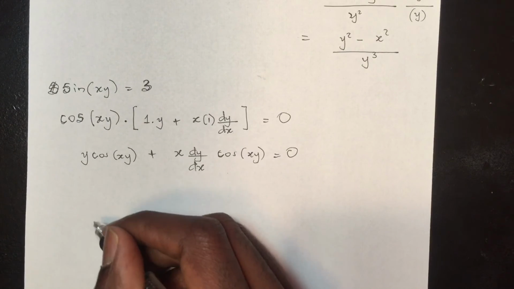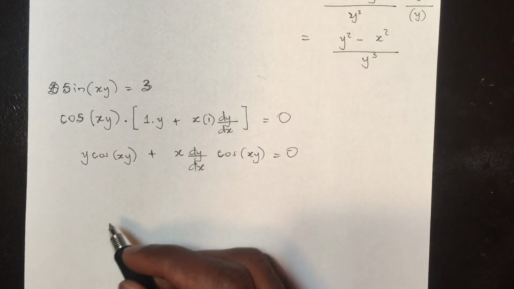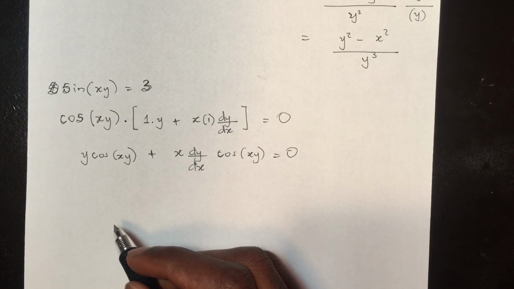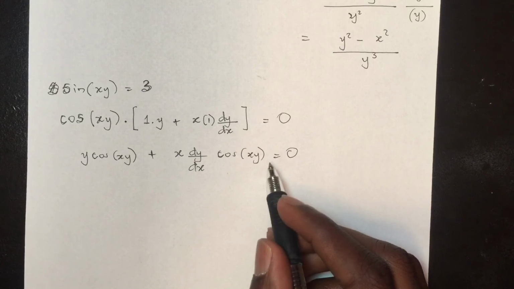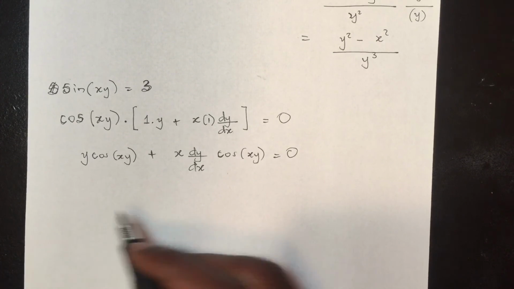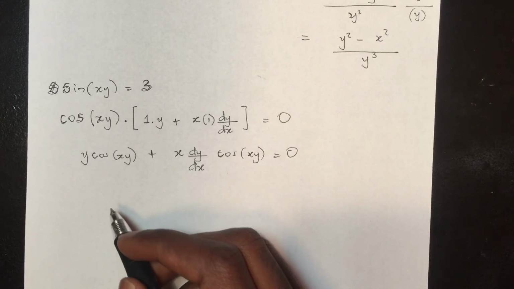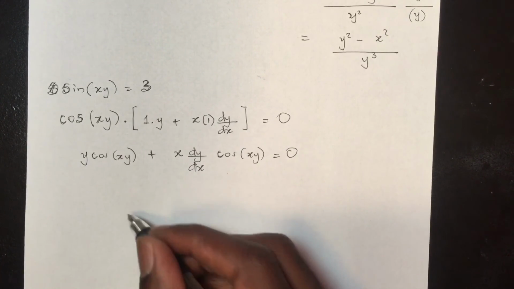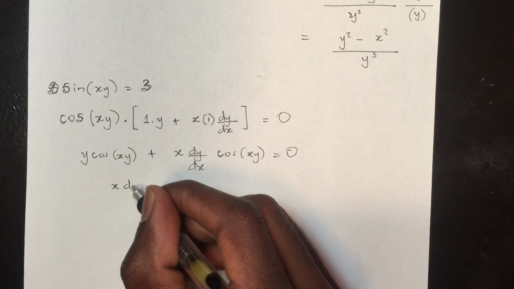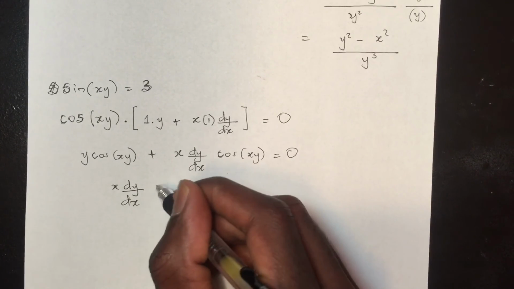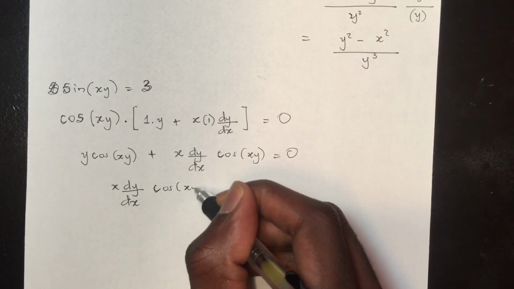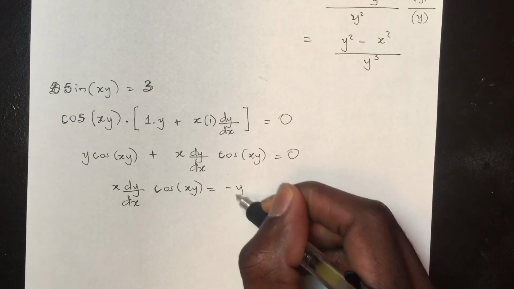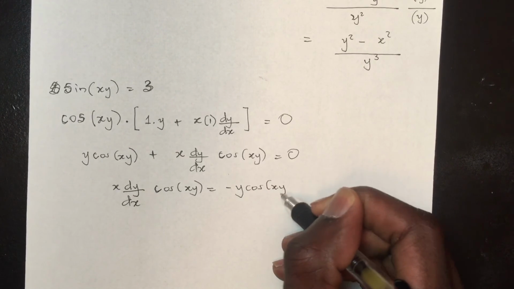From here, our objective is to have dy dx stand by itself on one side of the equal sign. So we're going to subtract y cosine of xy from both sides. We end up with x dy dx cosine of xy equals negative y cosine of xy.